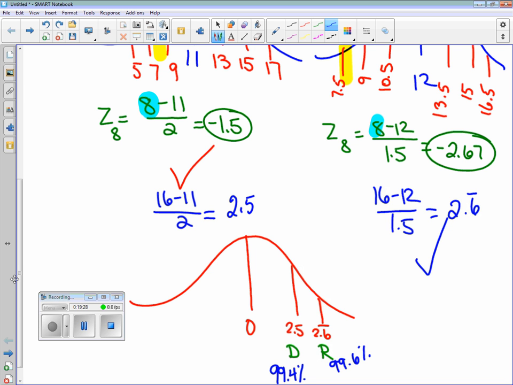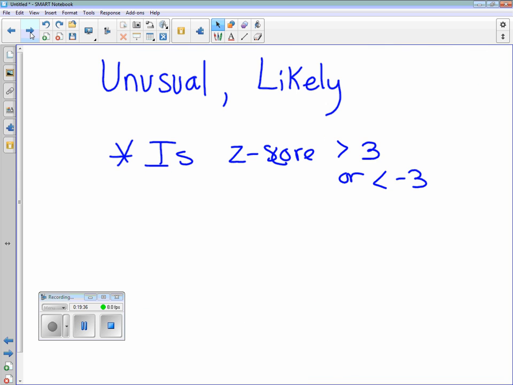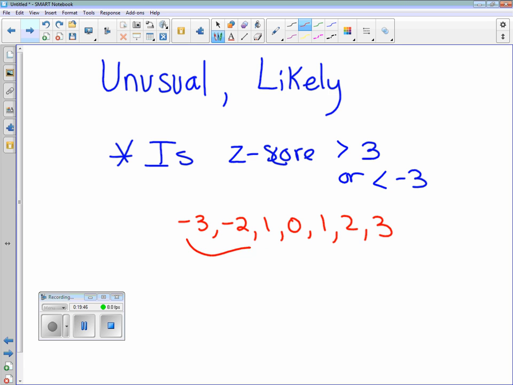You did it using the complement as well on part B. Perfectly okay. Charles, if it's likely it's inside the standard deviation, it's unlikely it's outside. Let me say that again. If we have negative 3, negative 2, negative 1, 0, 1, 2, 3, anything where the z-score is in between here, it's likely.